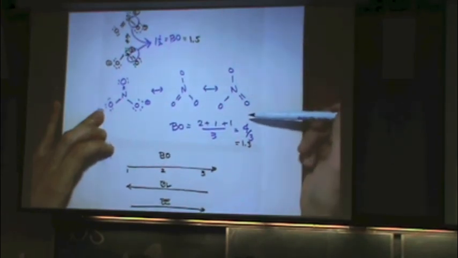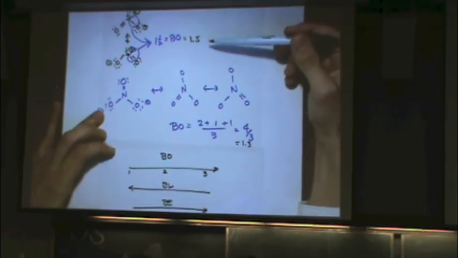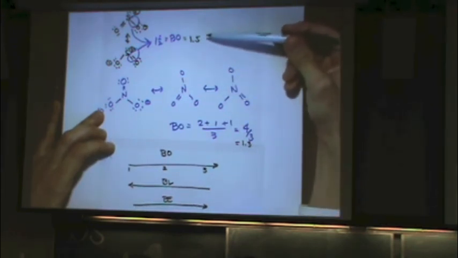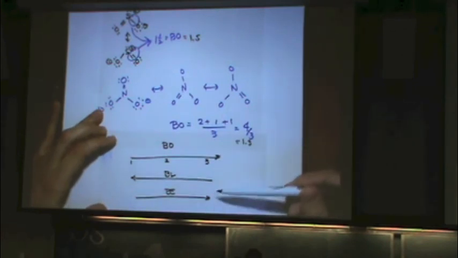So the bottom one, having the smaller bond order, will have the larger bond length, and this will have the smaller bond length up at the top. Okay? You can do the same with bond energy. As the bond order goes up, the bond energy will go up. So the higher bond order here will have the higher energy in the top one. Okay, so make sure you know how these three correlate.